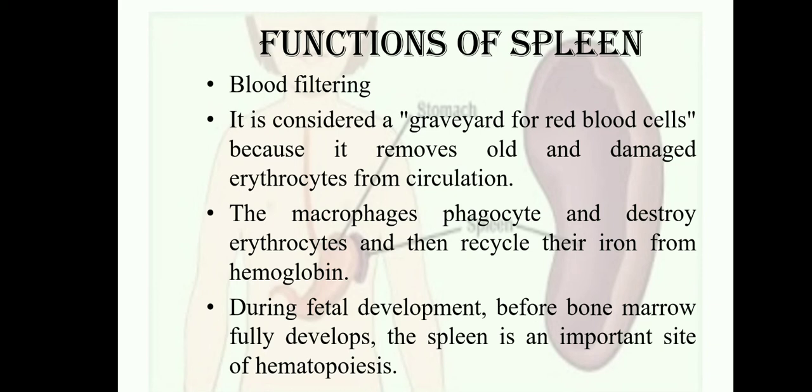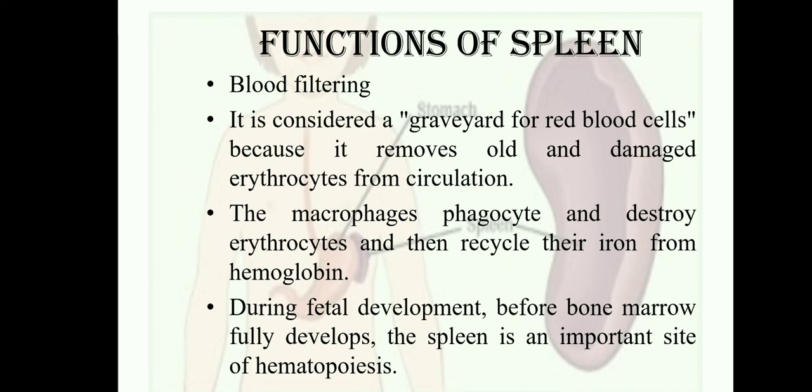We know that the life period of red blood cells is about 120 days. So all the red blood cells completing their lifetime get discarded within the spleen, and this function is done by the macrophage cells present in the spleen. These macrophage cells phagocytose and destroy the older erythrocytes and then recycle their iron from the hemoglobin.